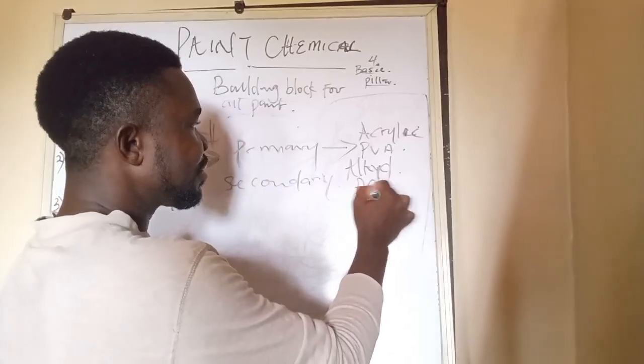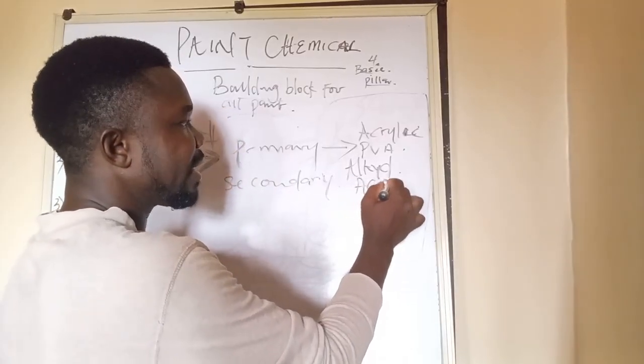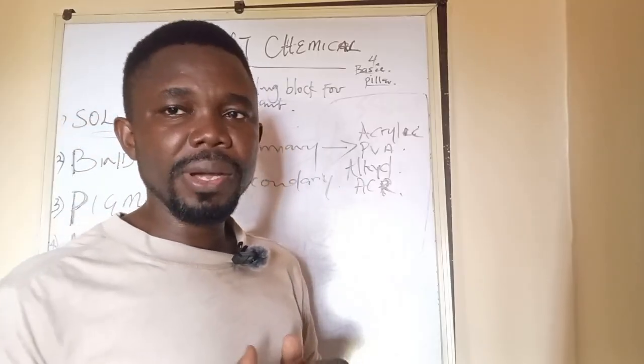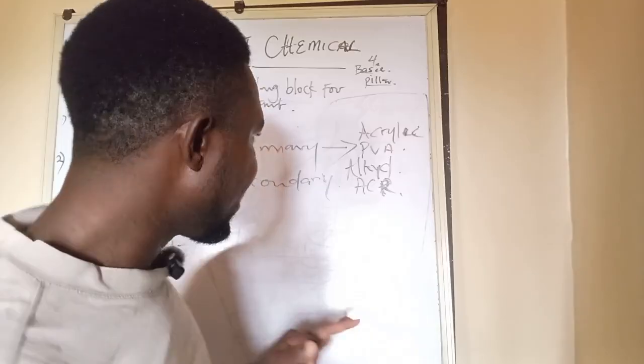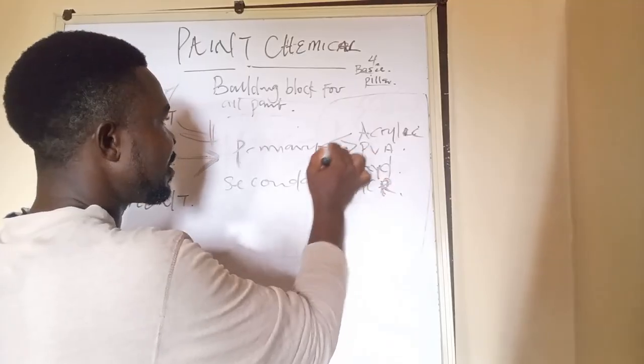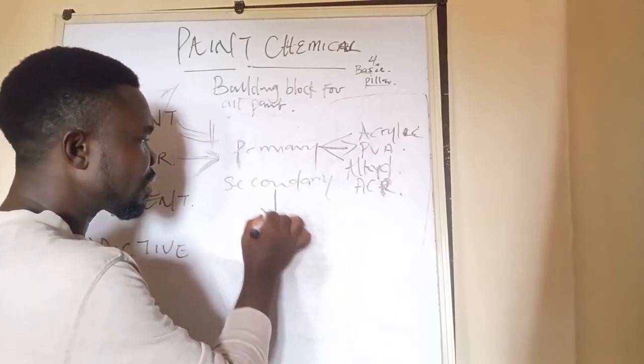Your ACR, all of those things are just your binder. Those are the things that will actually help in holding your chemicals in their dispersed state. So we call them the primary binder. Then we'll now move on to the secondary binder.